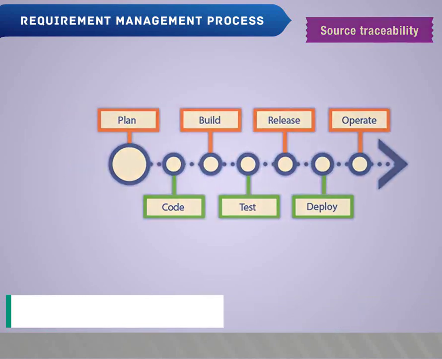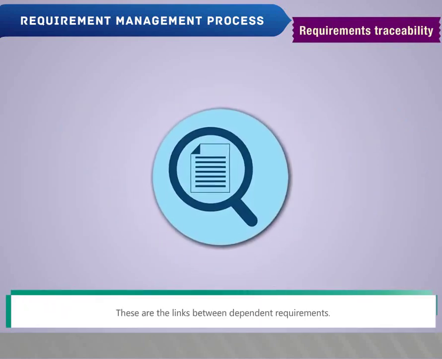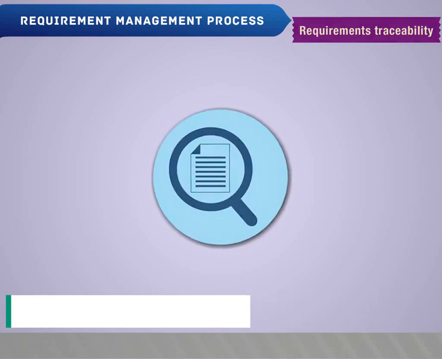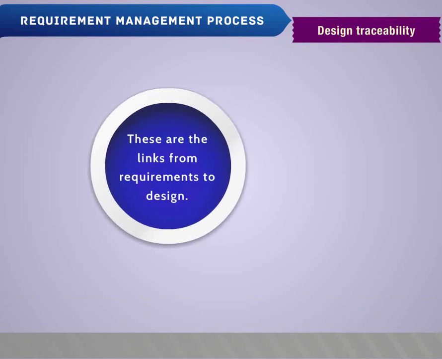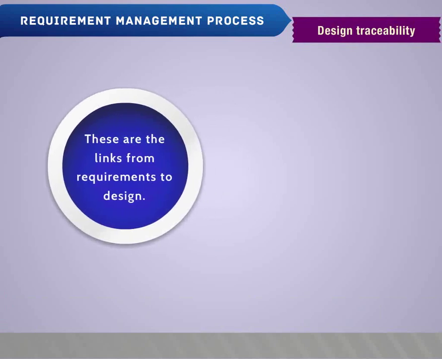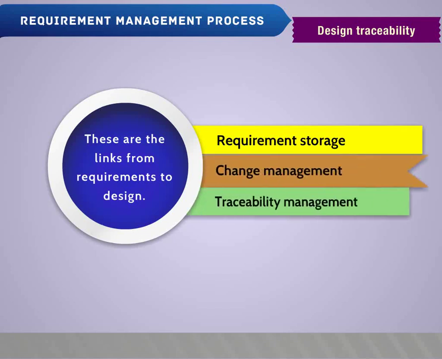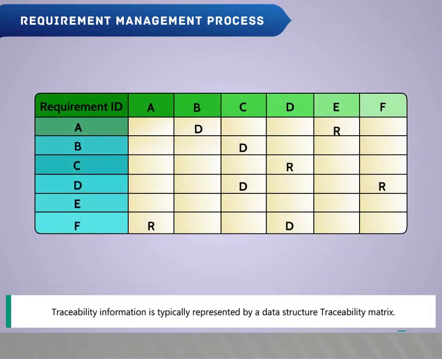Requirements traceability. These are the links between dependent requirements. Design traceability. These are the links from requirements to design. Requirement storage, change management, traceability management. Traceability information is typically represented by a data structure, the traceability matrix.